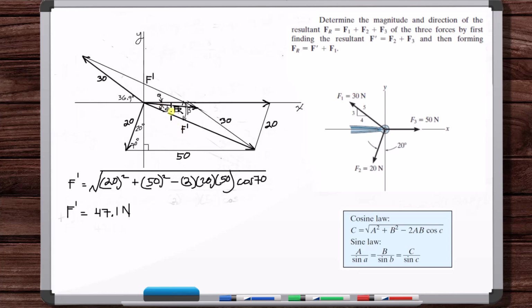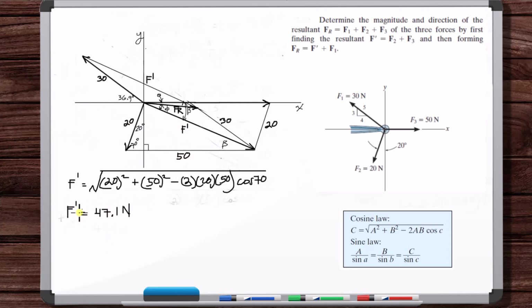All right, so now let's solve for FR. And then if we can get theta, then we will have the direction of FR. Okay, so let's start by getting beta. And we can see these two lines are parallel. This is a transversal. So this is beta.